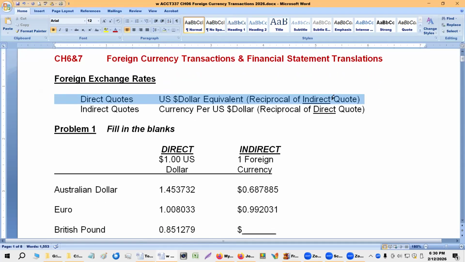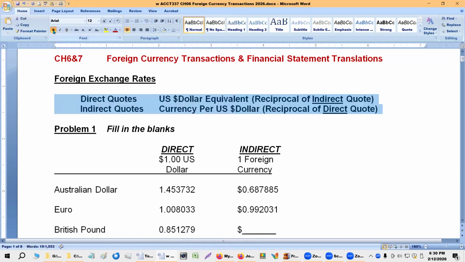But we have two types of exchange quotes, and that is the direct quotes, and these are dollar equivalents in the foreign currency. So let's look down here. $1 US. I can't remember what year I got these from.